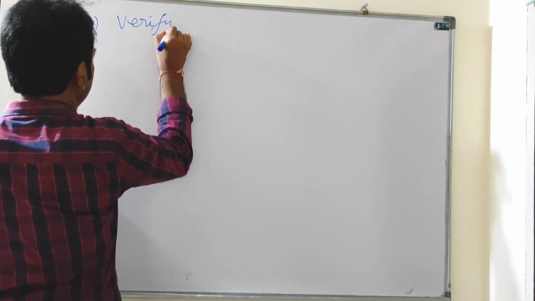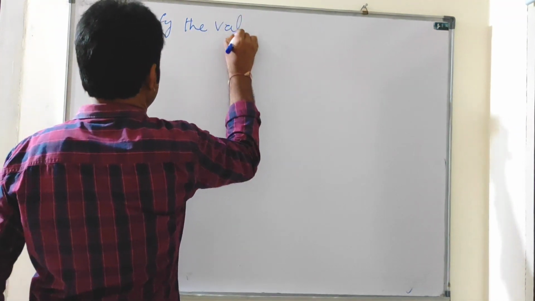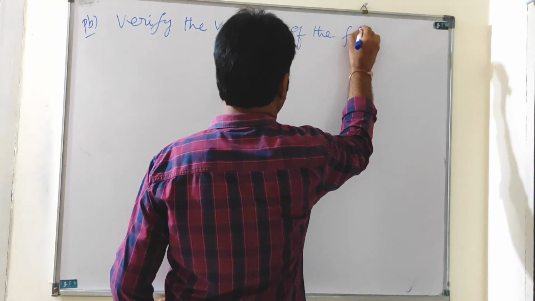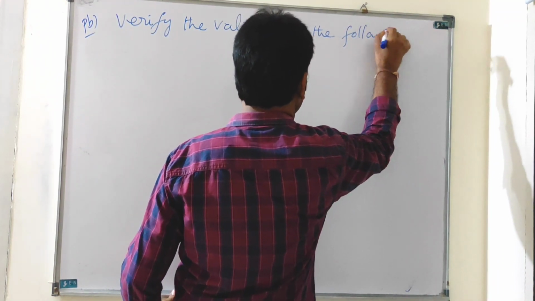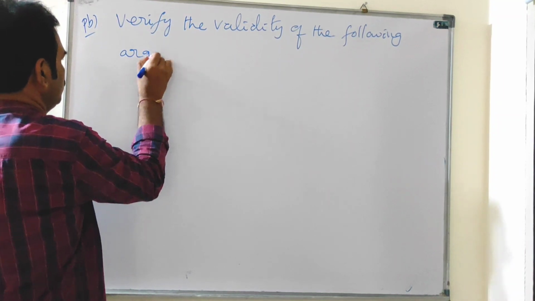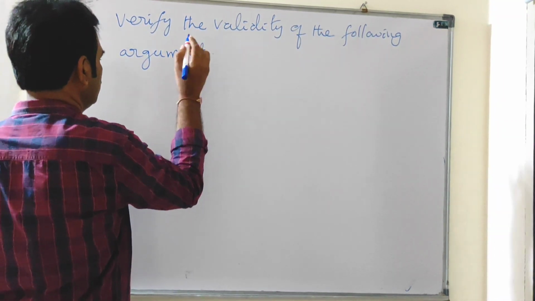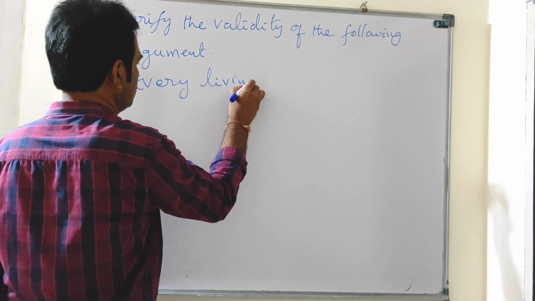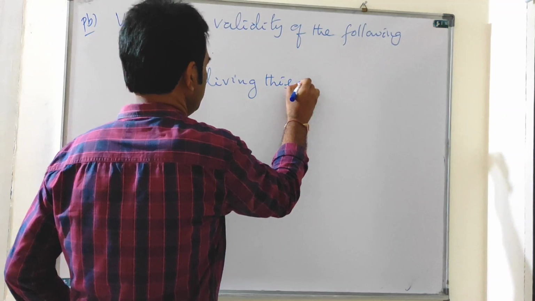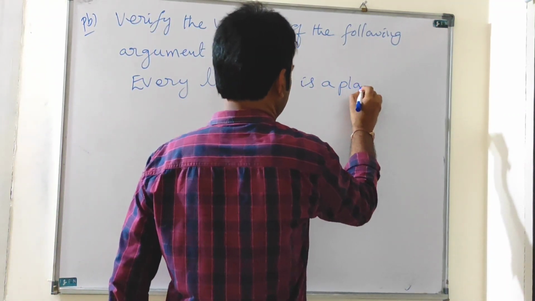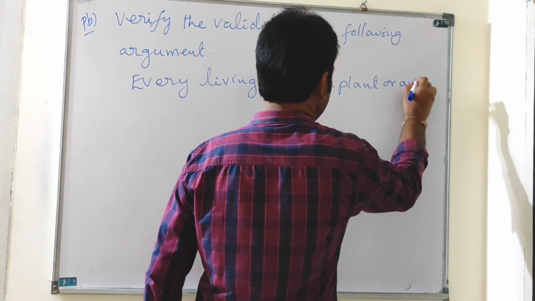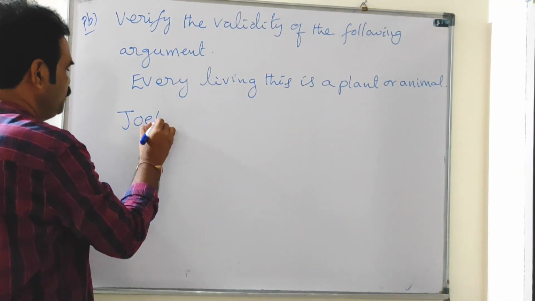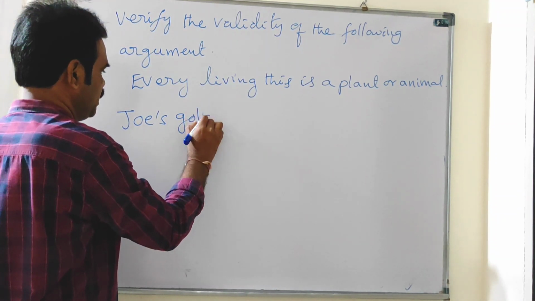Verify the validity of the following argument. Every living thing is a plant or animal.